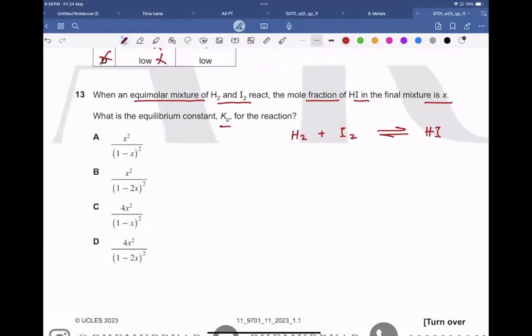Okay, it's a little tricky. So the equation would be like this, right?